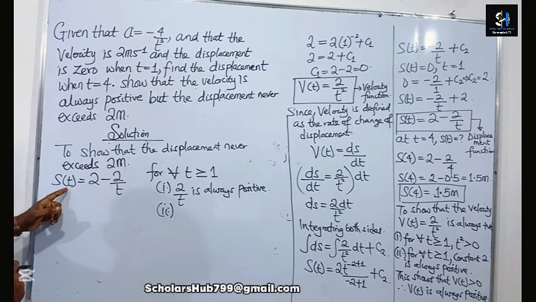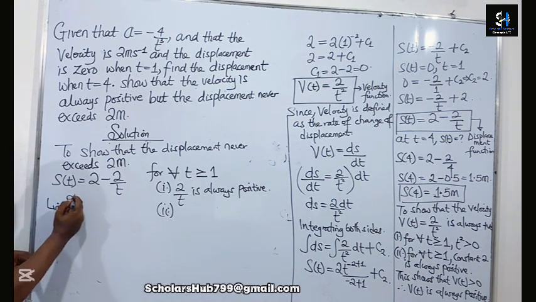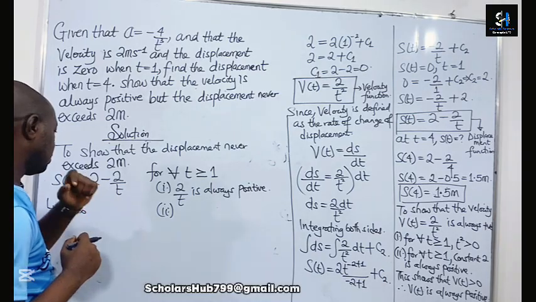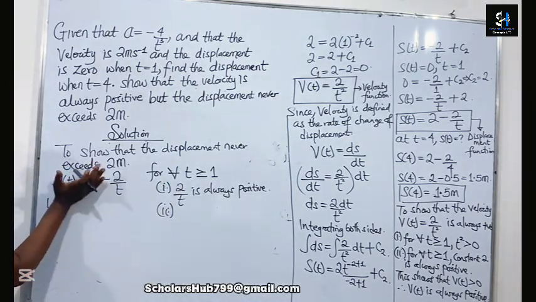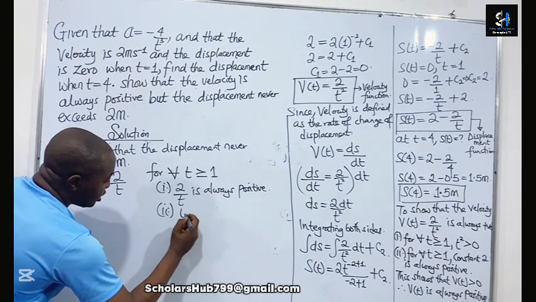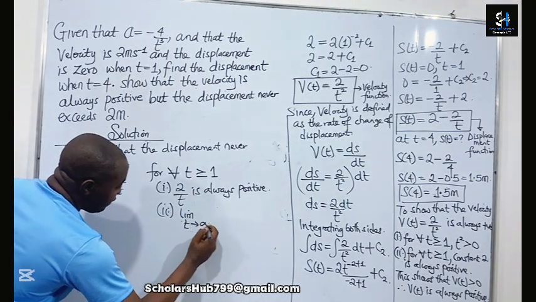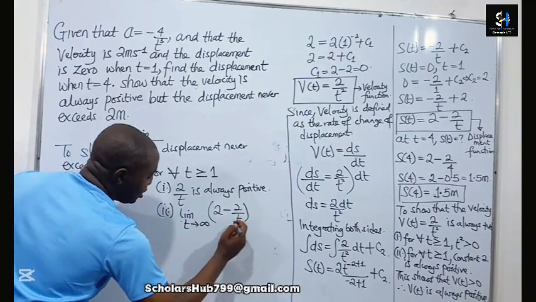Also, for all t greater than or equal to 1, if I set the limit of s(t) as t approaches infinity, then 2 over t will approach 0. So the limit as t approaches infinity of 2 minus 2 over t.